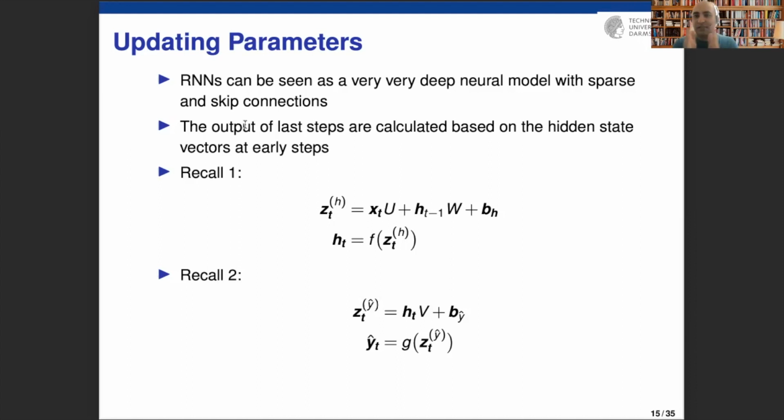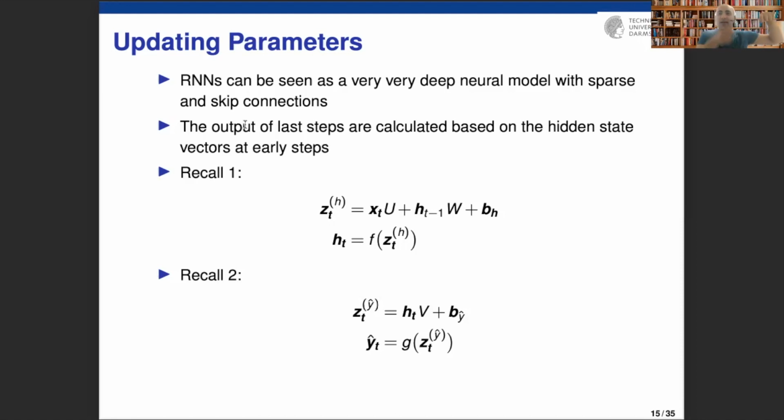An RNN, although it looks like one layer, since we have a recurrent step in it, can be seen as a very, very deep neural model with sparse and skip connections. Sparse connections because you shared parameters, and skip connections because the output vector at step 3 depends on hidden states 1, 2, 3, right?